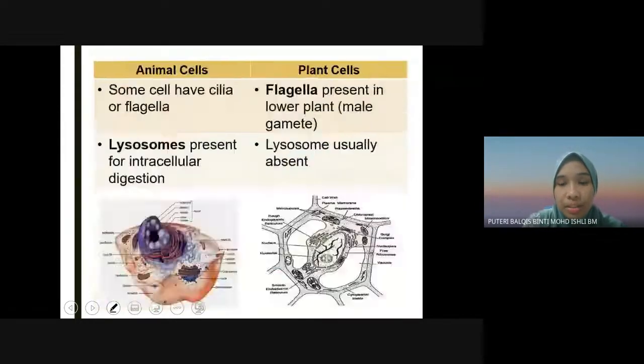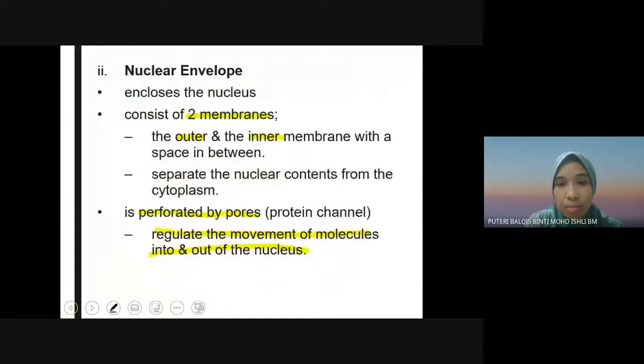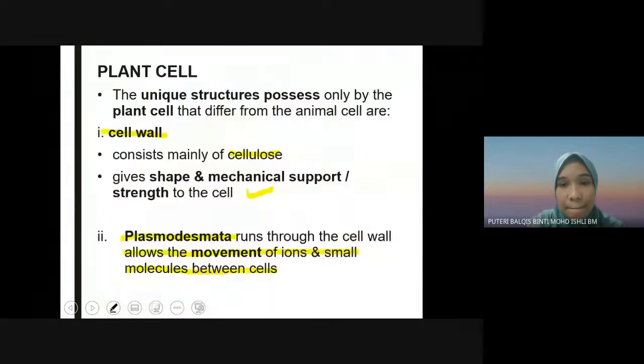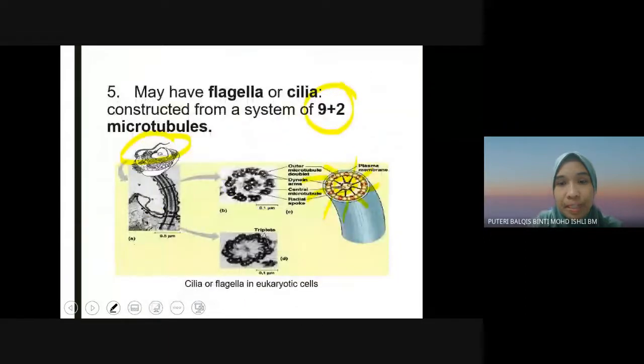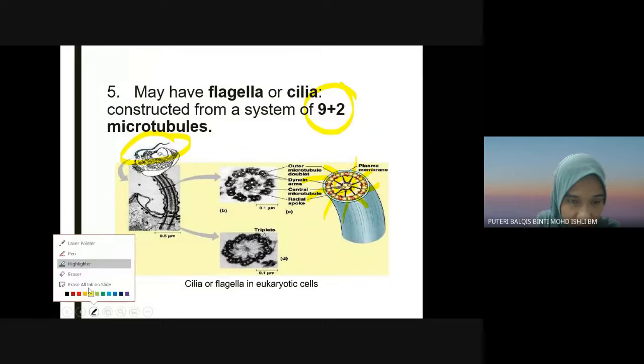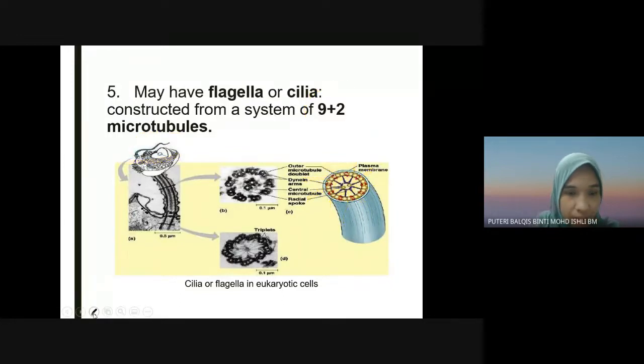Okay, as you can see, mana dia? Yeah, I just erase all the ink. Okay, so a 9 plus 2 microtubule refer to the arrangement of microtubule. So you can see, okay, kalau tak clear gambar ni, kita tengok gambar ni. Okay, 9 plus 2.